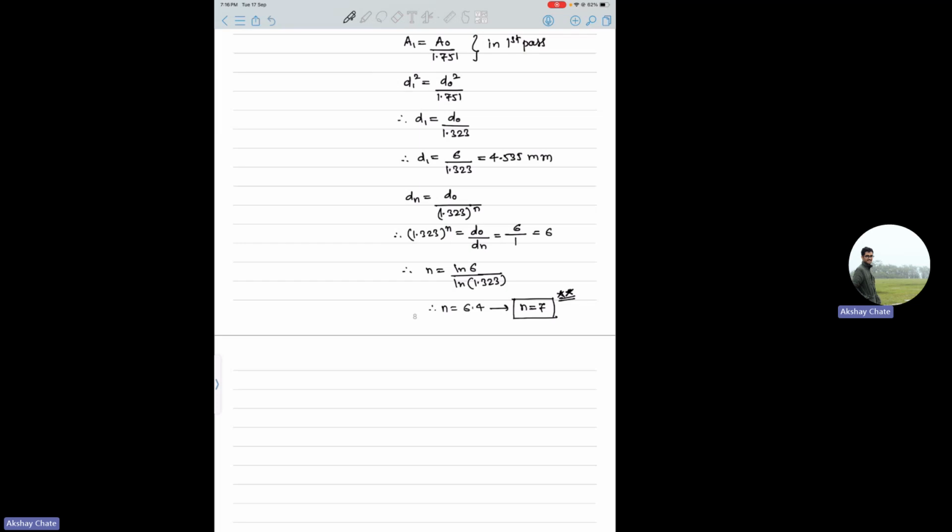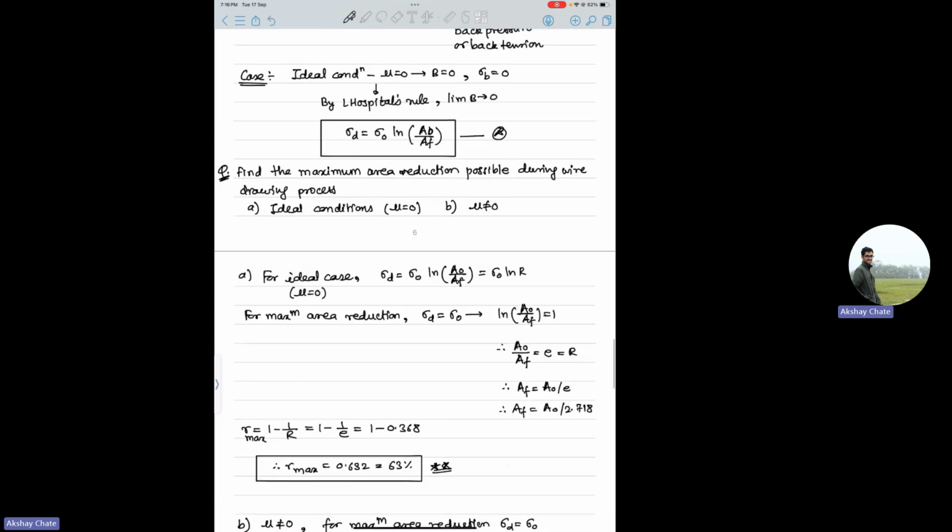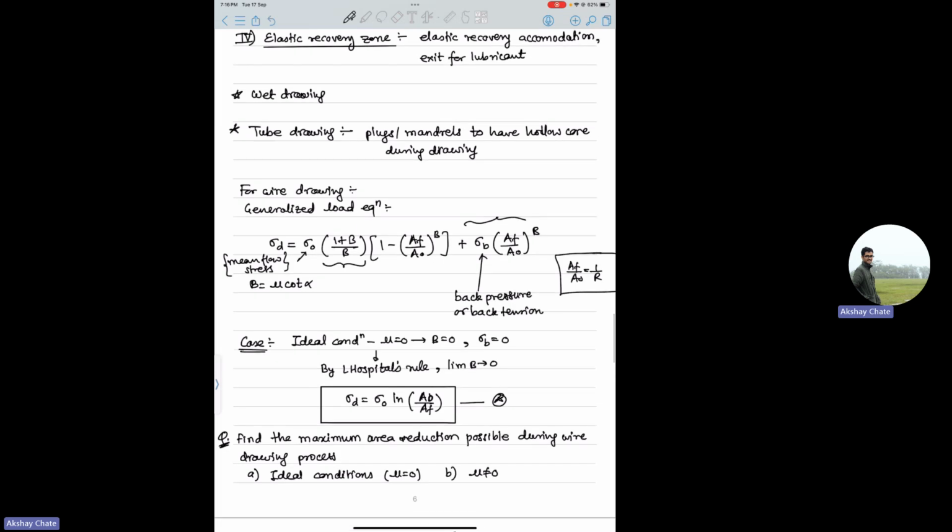If it is not maximum reduction per pass, you may even need more passes. In that case, they will mention some other things and you may have to use this formula. So this is how sometimes questions can be framed, and you should be able to answer them.